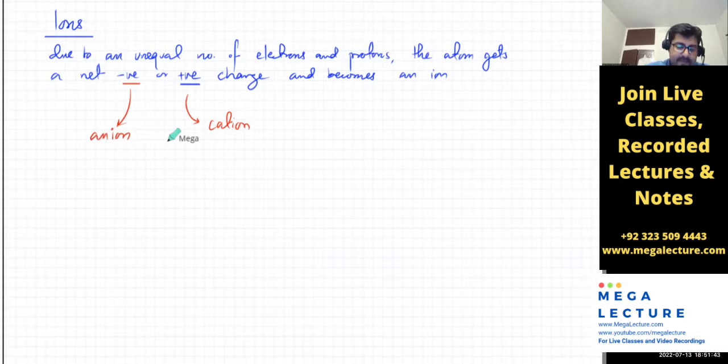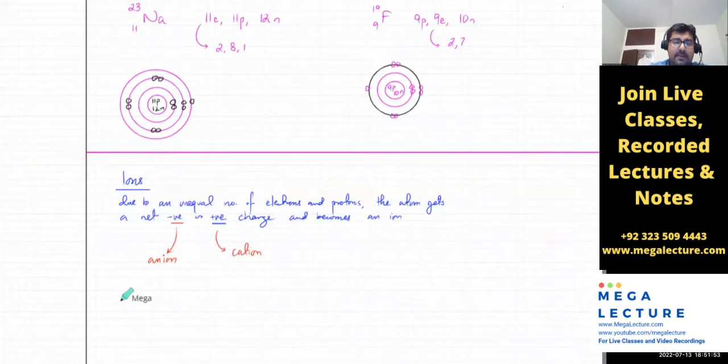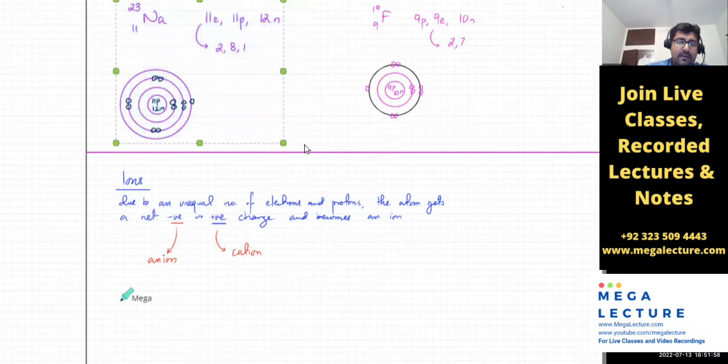So let's discuss this. There's a sodium atom; we already drew sodium, so I'm going to copy and draw this again.